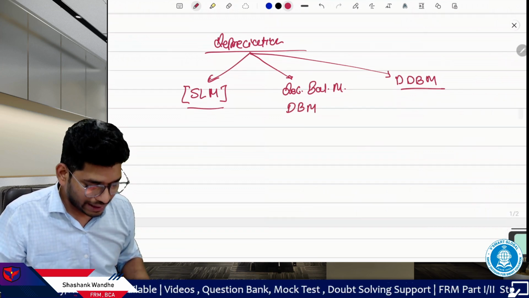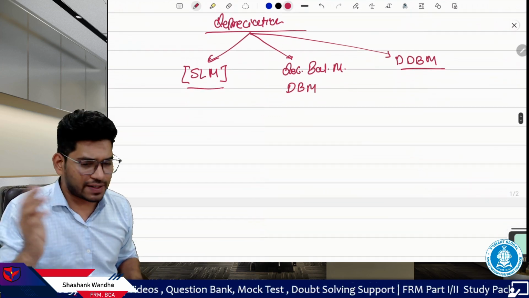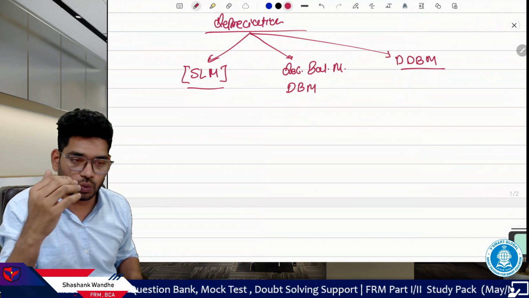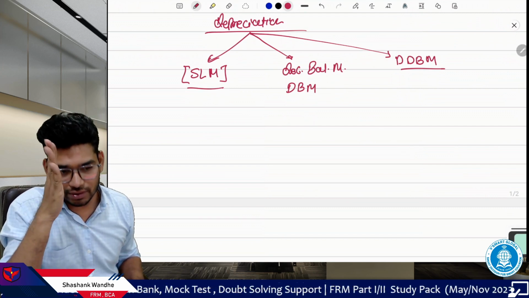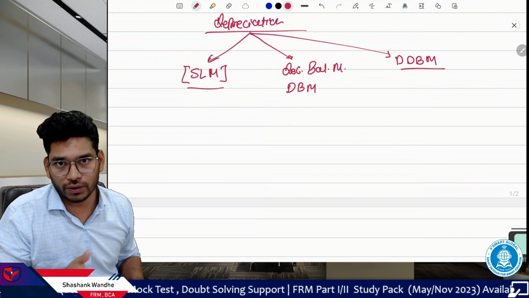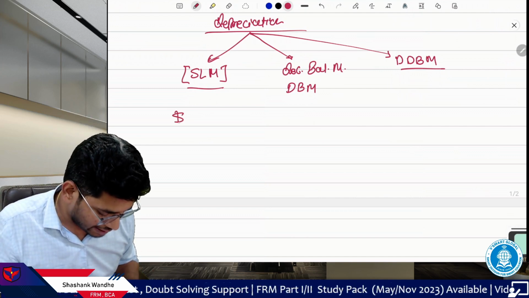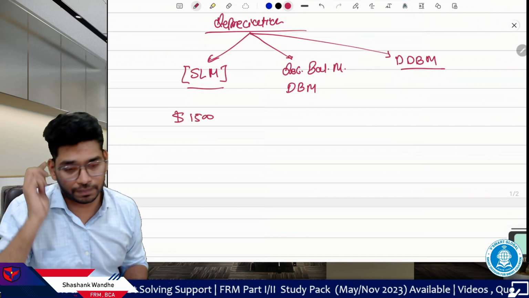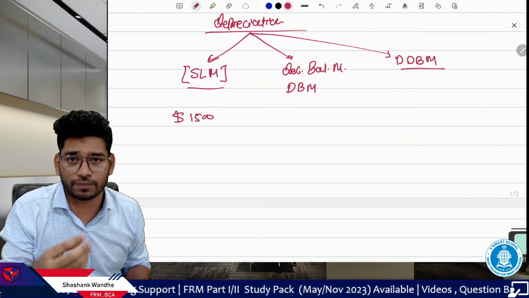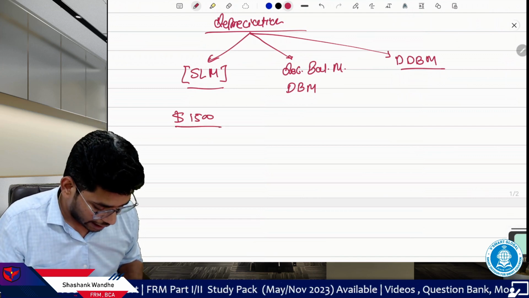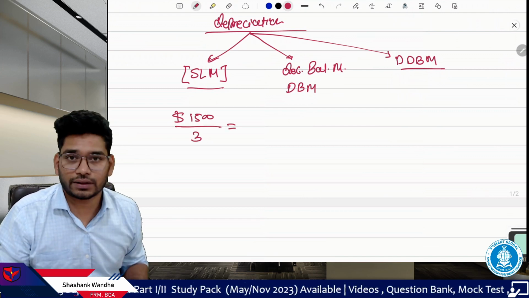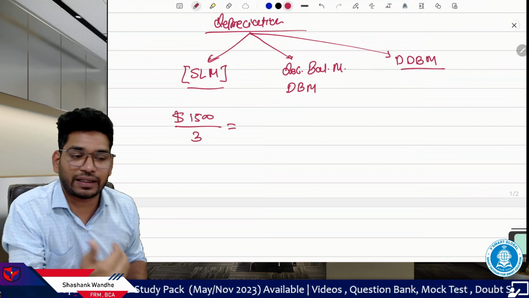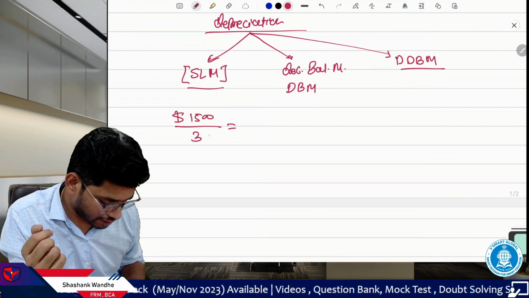Now first of all, let's discuss the straight line method. The basic meaning of the straight line method is you will depreciate the asset by a simple constant amount. Okay, simple. Here we took the example of a laptop, right? The cost of the laptop was 1500, and this laptop has an expected life of 3 years.